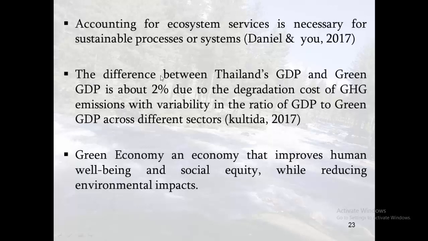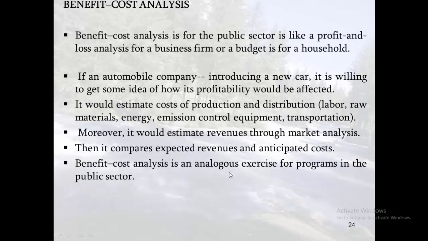It is very interesting that the difference between the Thailand GDP and green GDP is about 2% due to the degradation cost of GHG emissions, with variability in the ratio of GDP to green GDP across different sectors. Similarly, green GDP led to the green economy. A green economy is an economy that improves human well-being and social equity while reducing environmental effects.